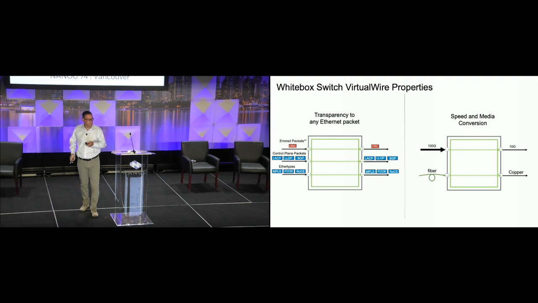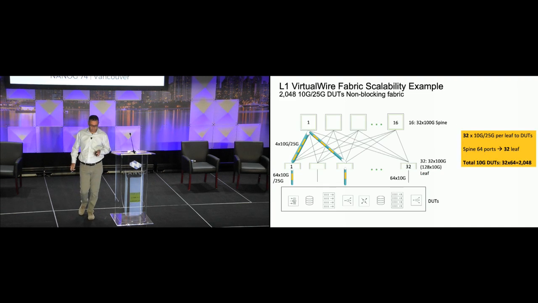All sorts of encapsulation Ether types can actually be transported across an infrastructure programmed the way I described before. Also, very interestingly, from a flexibility point of view, you can actually have a 100 gig port talk to a 10 gig port, a fiber connected to a copper. All these combinations are now possible, and many of those things are actually not possible with traditional layer 1 cross-connects.